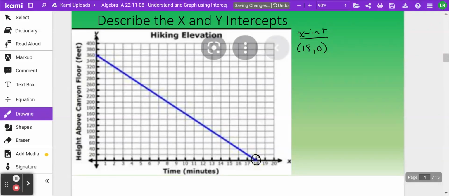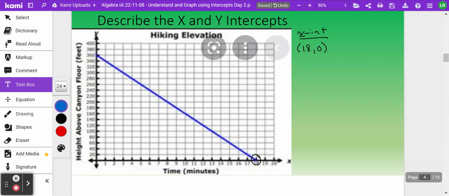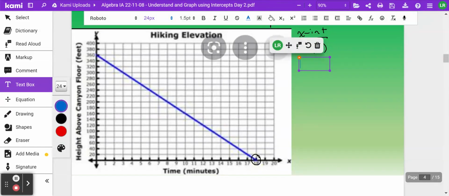And for this particular one, if I'm giving my explanation, it would be at 18 minutes, the height above the canyon floor is 0 feet. Okay, so that'd be a generic way to describe that.